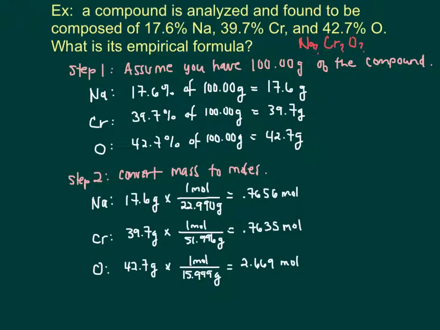I'm going to use their molar masses to do that, and we end up with these mole quantities: 0.7656 moles of sodium, 0.7635 moles of chromium, and 2.669 moles of oxygen. Now, the issue is that, remember, in our chemical formula, these quantities need to be whole numbers. These are not in whole numbers.